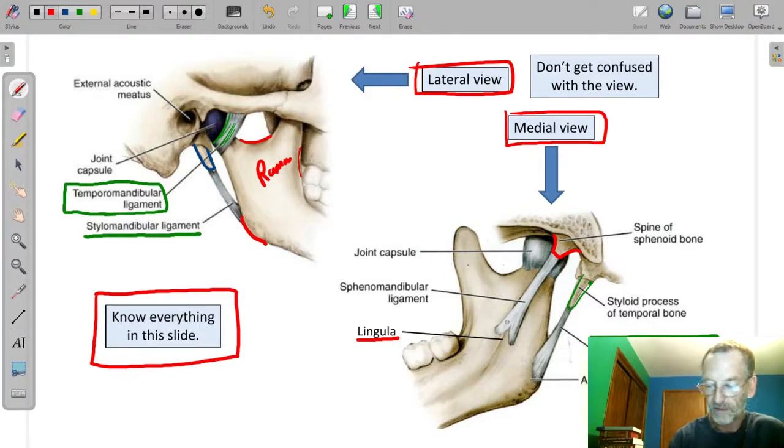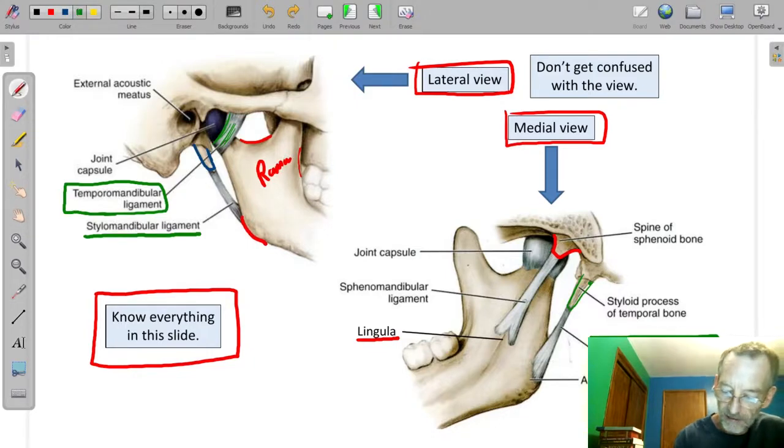More specifically, from the spine of the sphenoid to the lingula of the mandible. And deep to that is the opening, the foramen into the mandibular canal, the mandibular foramen.